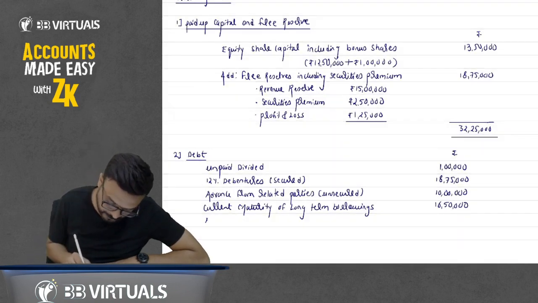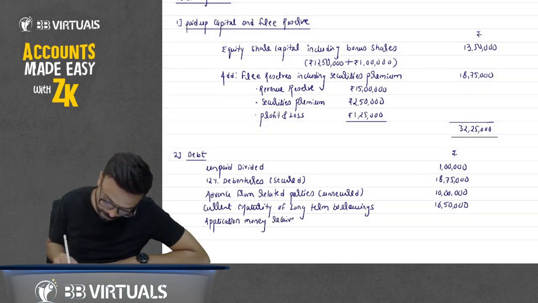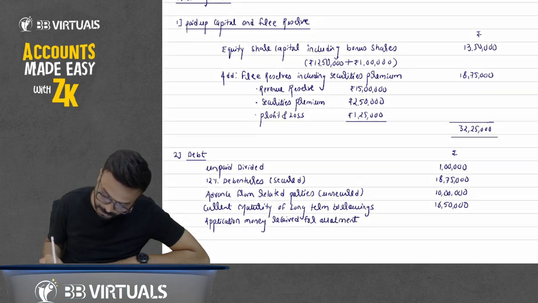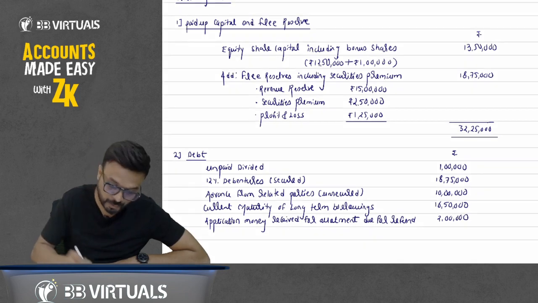So application money received for allotment due for refund, it is 2 lakh.